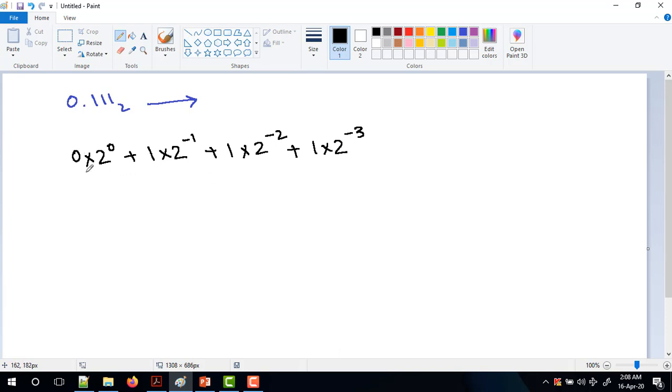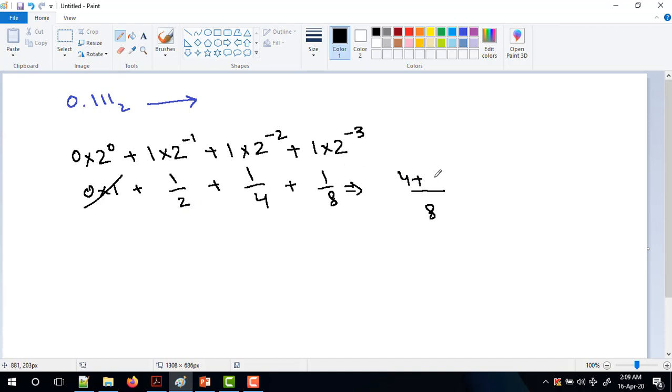So this is 0 multiplied by 1, plus 1 upon 2 plus 1 upon 4 plus 1 upon 8. This term will be discarded, so it will be 0 actually, and this will be converted into 8, and 2 means it will be 4.